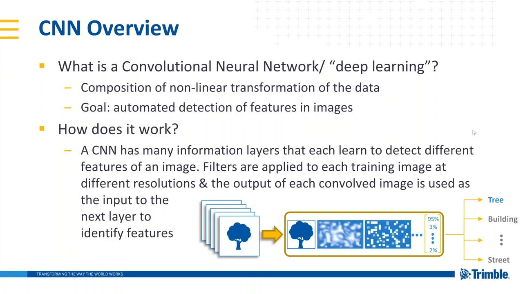From this, we derive what is called a heat map, and this gives us an indication on a scale of 0 to 1 if that object is found within the image. So in this case, that high value, 95% or 0.9 in this layer, would be a very strong match for this tree patch that we've loaded.